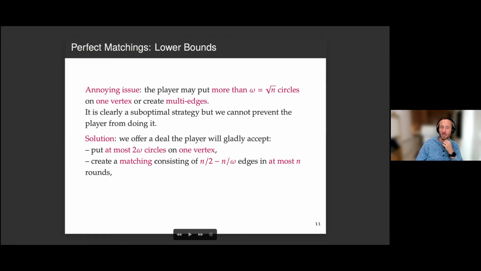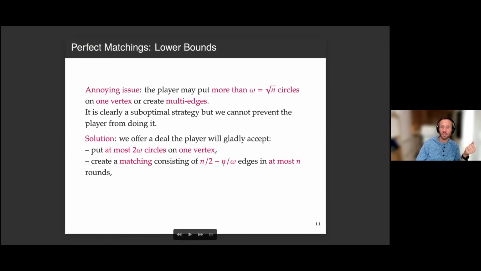Namely, if the player, say, creates in the original game a vertex with 2 omega circles on it, then of course it's a waste of lots of energy, right? But I can only gain 1 edge in the matching because of that silly move.